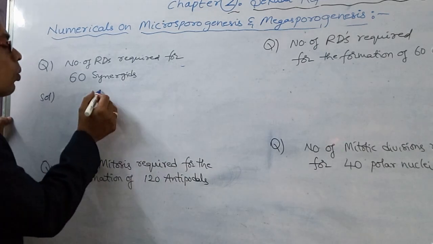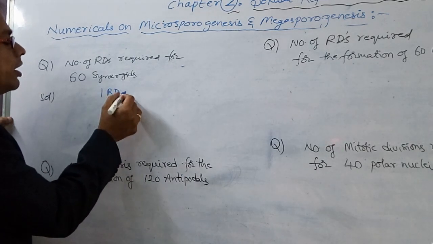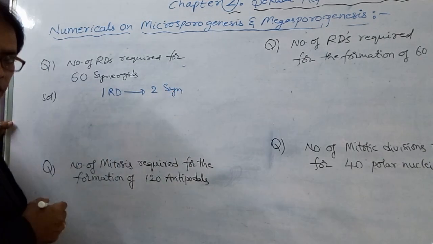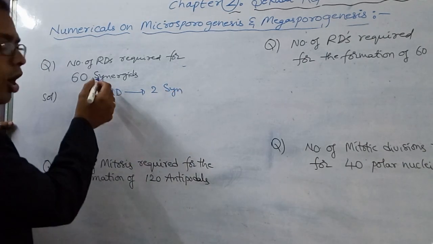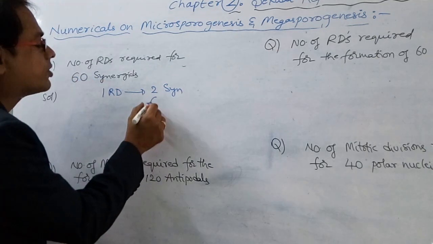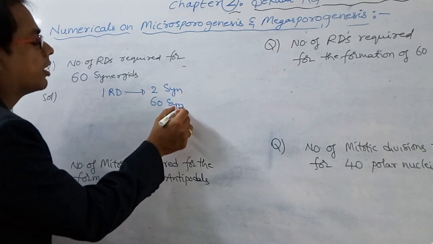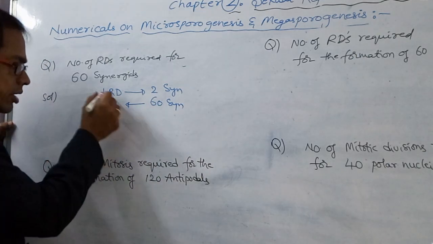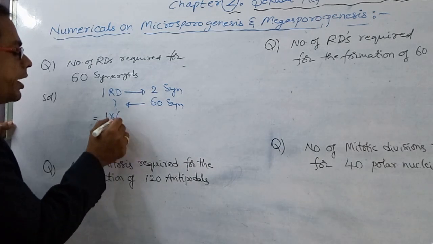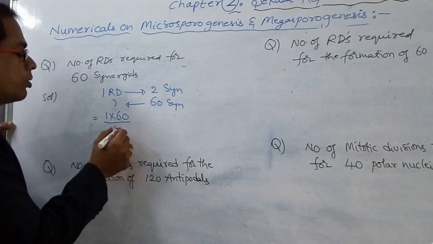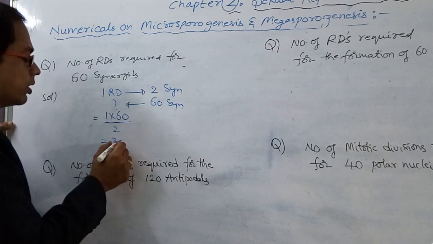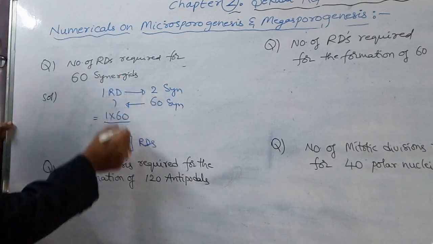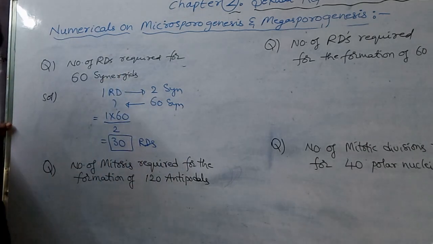So 1 reduction division is required for the formation of 2 synergids, isn't it? 60 synergids are given. How many RDs required? Cross multiplication, 1 into 60 divided by 2, that is equal to 30. 30 RDs. Did you understand, my dear students?